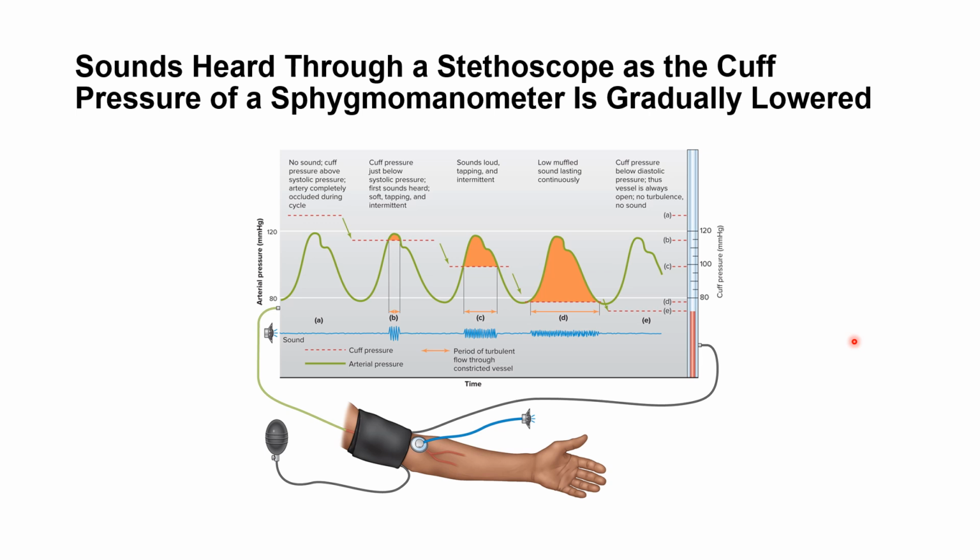I'll let you look at the figure and spend a minute making sure that you understand the sounds you're supposed to be listening for, but connect it with what's actually happening inside of the artery.